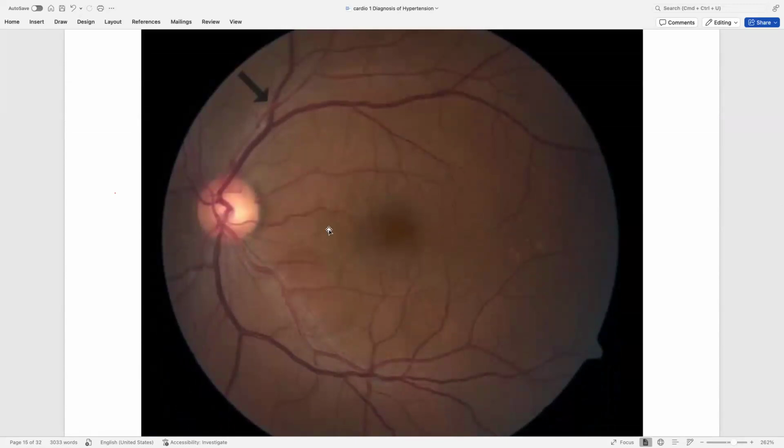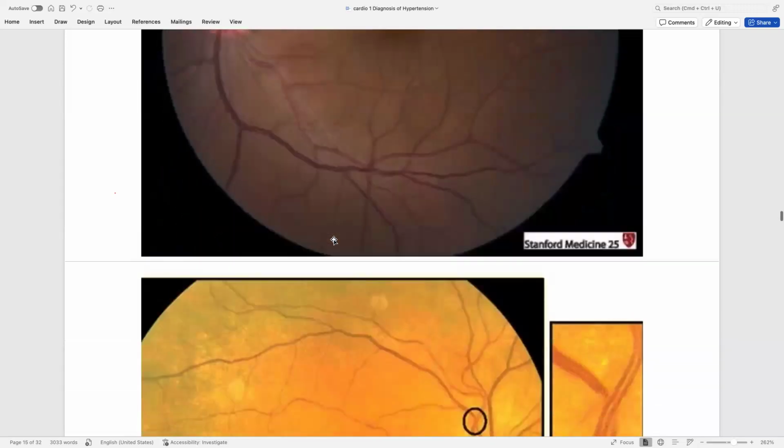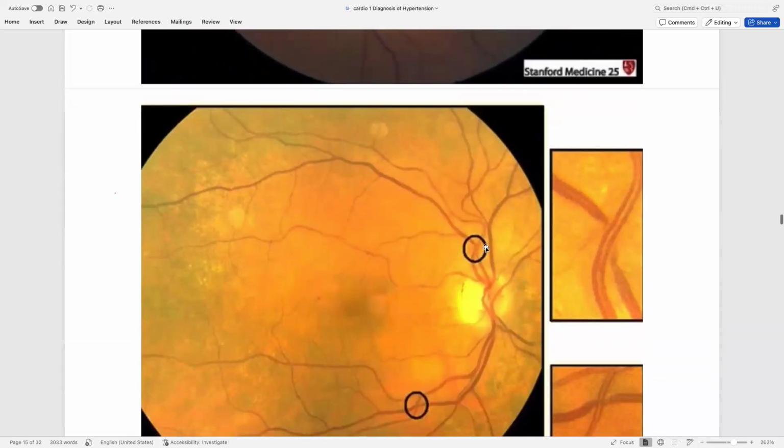This is arteriovenous nipping, here in this circle. It is maximized here.